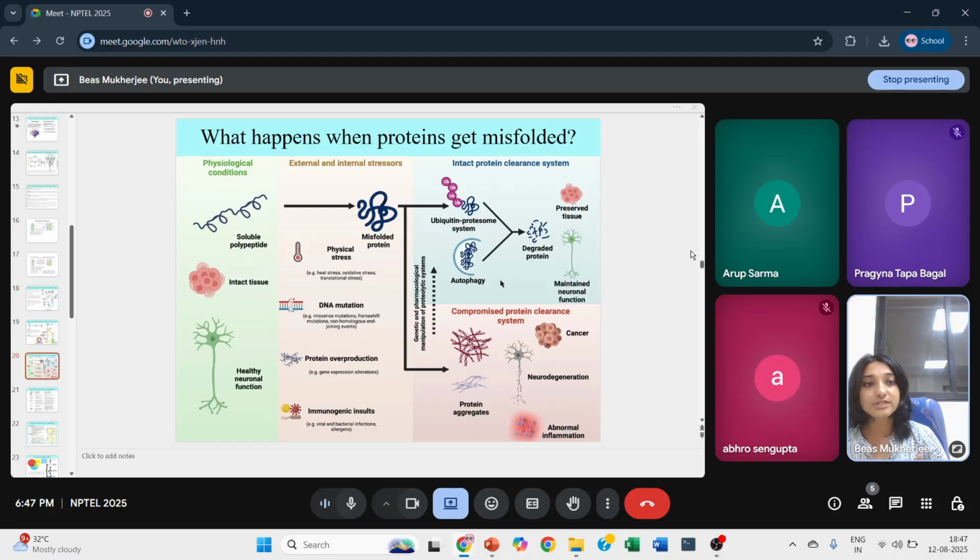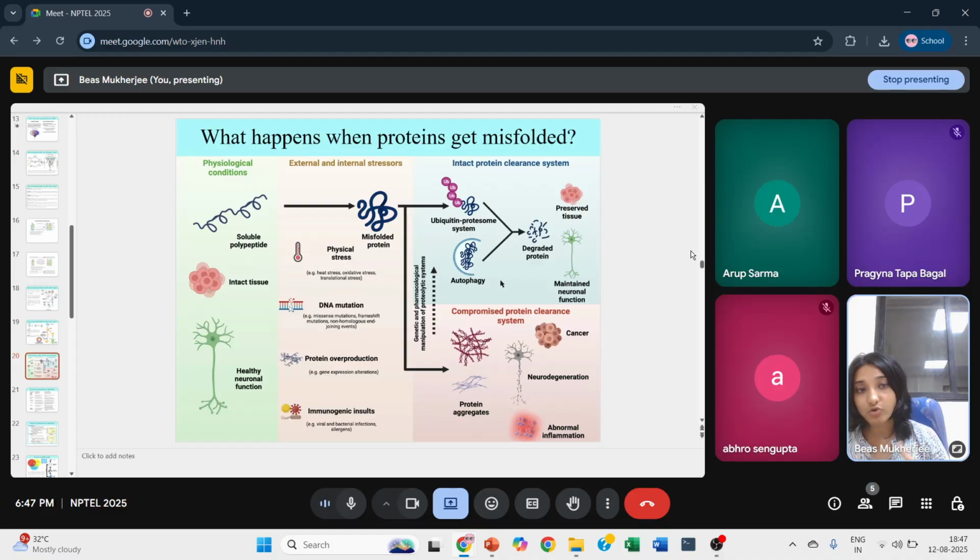Misfolded proteins can be formed when there is a huge stress going on in the system. A lot of proteins are being produced at the same time. There can be physical stress such as heat stress, oxidative stress, and translational stress. There can be mutation in the DNA, for example, exposure to UV light. There can be missense mutation, frame shift mutation, non-homologous end joining mutations. Then there can be protein overproduction, the one that I told you just now.